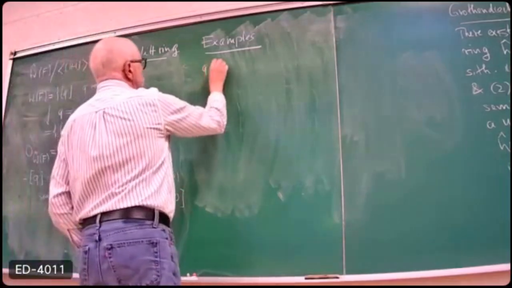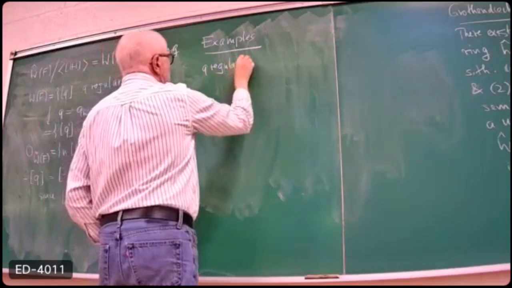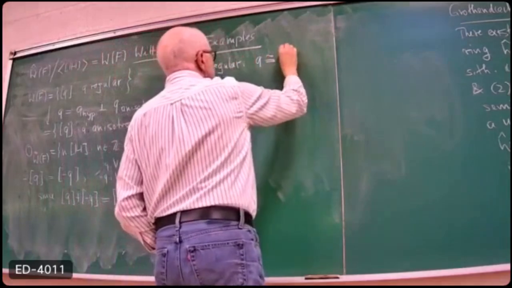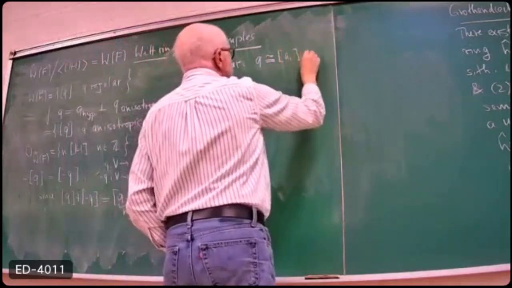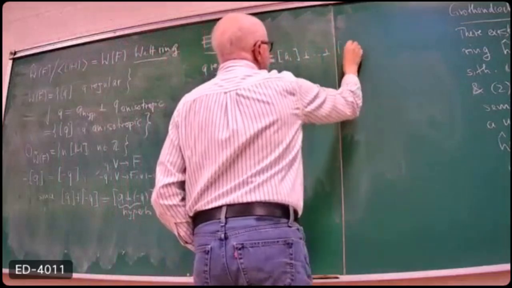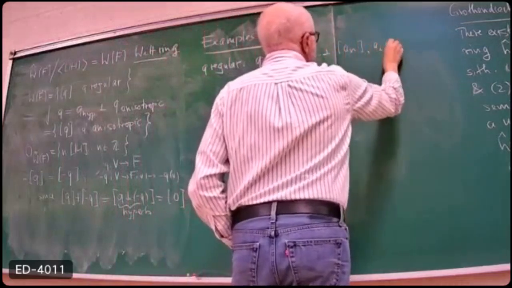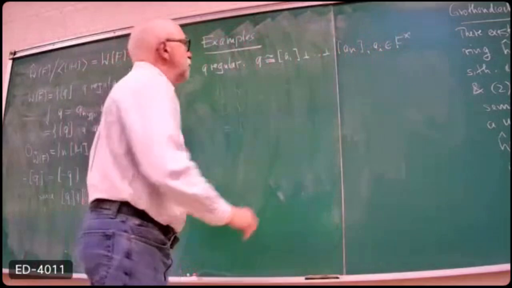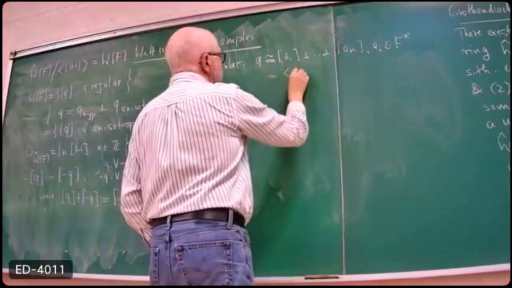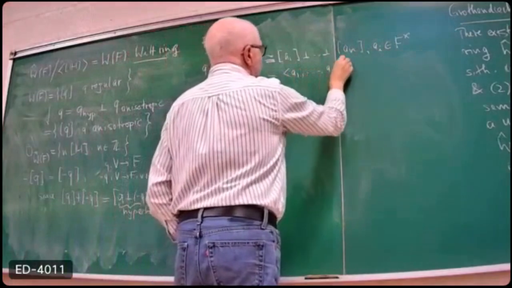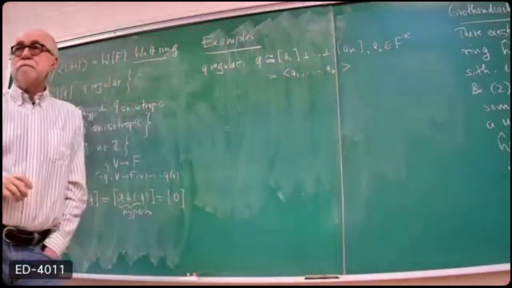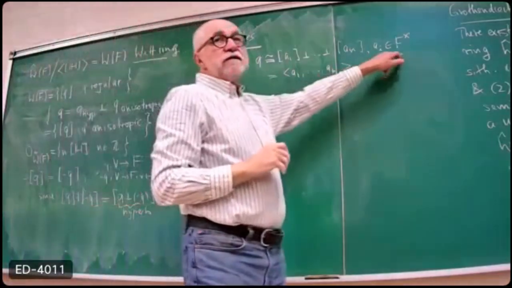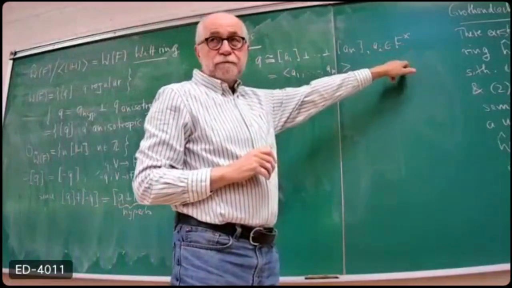So if Q is regular, we know that Q can be written as a direct sum of a1 up to an, where the ai are non-zero scalars, and we have abbreviated this.